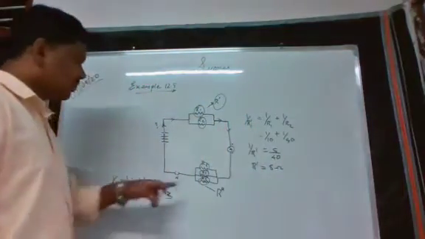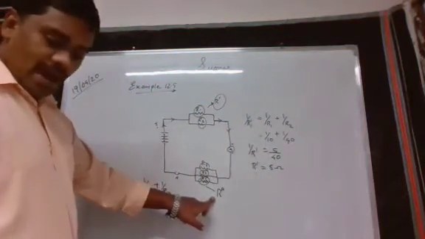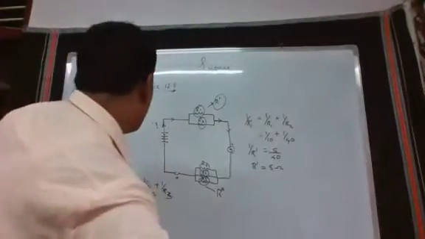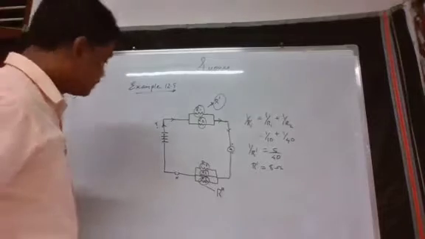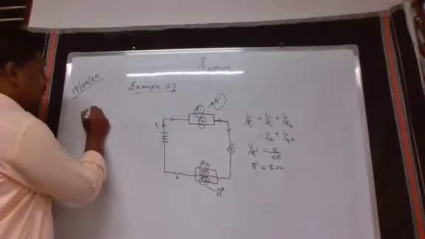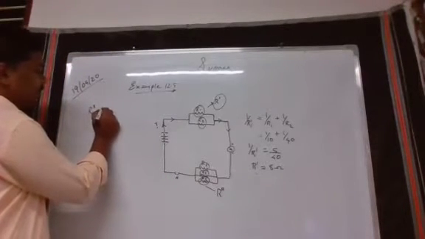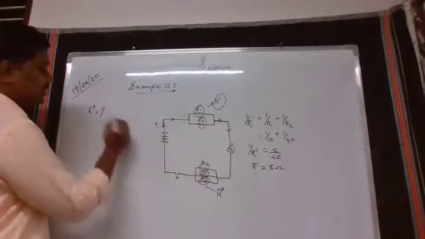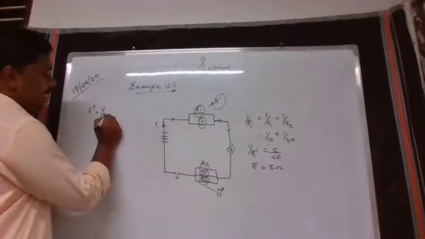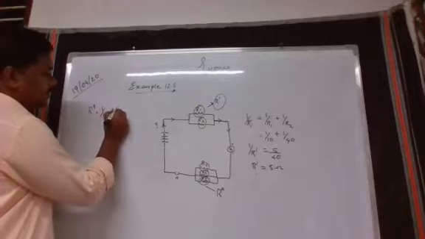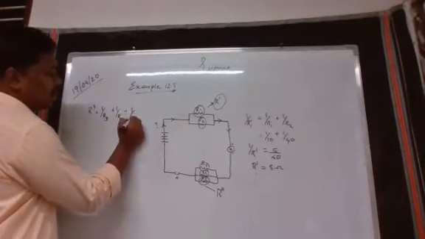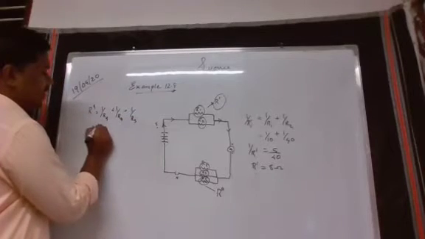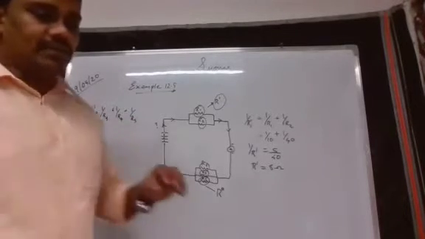Then how do we find R double dash? In the same manner, 1 by R double dash is equal to 1 by R3 plus 1 by R4 plus 1 by R5. What are the values?